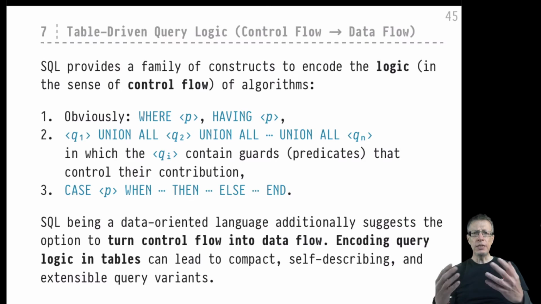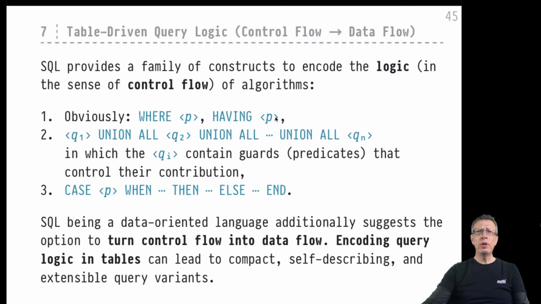If there are many possible states and many possible decisions, this would only lead to more entries in that decision table. It would not lead to a change in the query code, so not a new branch in a case, not a new entry in this list of UNION ALL, not a new predicate or maybe a new AND or OR clause in these predicates P here.